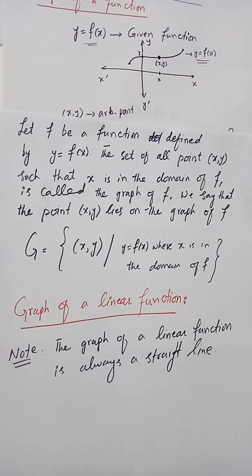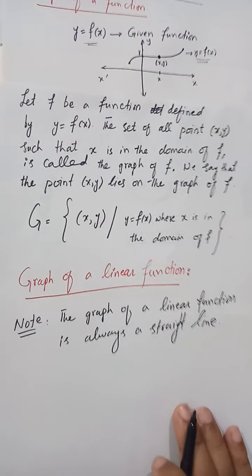If a function is a linear function, its graph is a straight line, so for drawing it you just need 2 points in the xy plane, because the minimum requirement for drawing a line is 2 points.